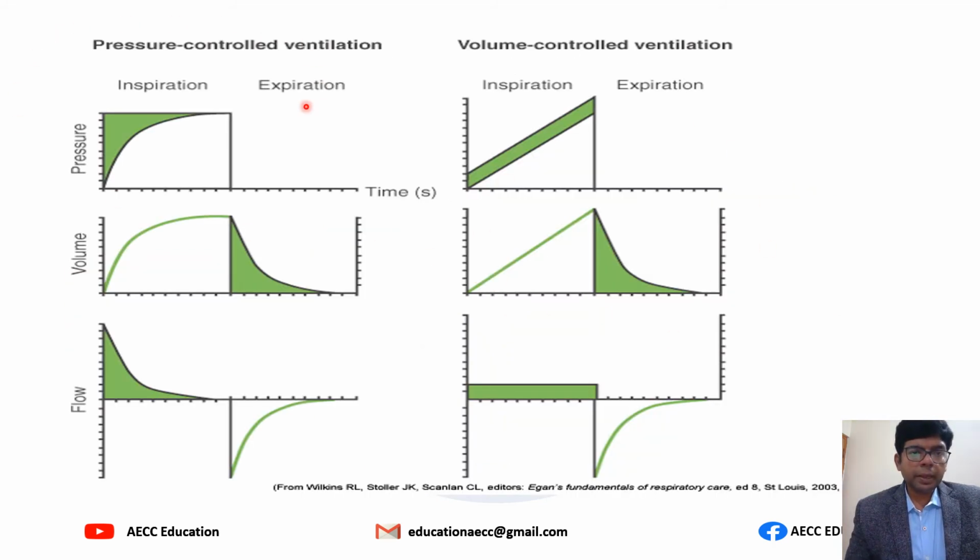So look here, in the pressure control ventilation, the pressure remains constant, but there is change in the volume and change in the flow, the descending type of flow. In case of the volume control ventilation, the flow is constant, that is the square wave pattern, but there is change in the volume as well as change in the pressure.